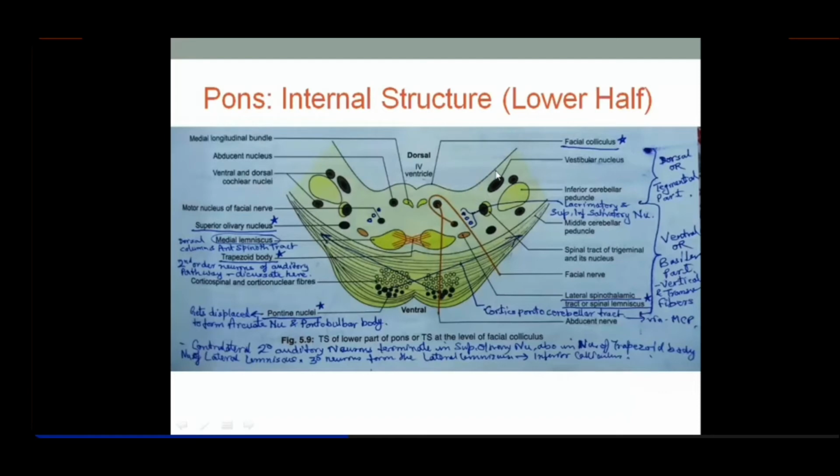So you find a vestibular area in the floor of the fourth ventricle, right? I had shown you in this dorsal view that there is an elevation laterally, and that is because of the vestibular nucleus, called the vestibular area. Okay, so that was all about the gray matter embedded in the tegmentum of the pons.